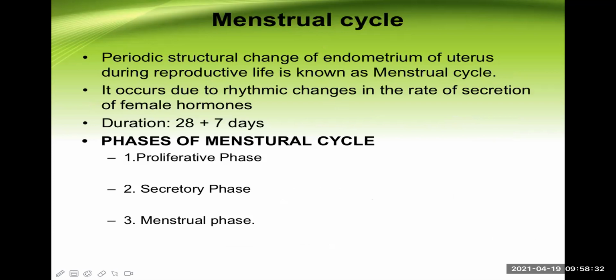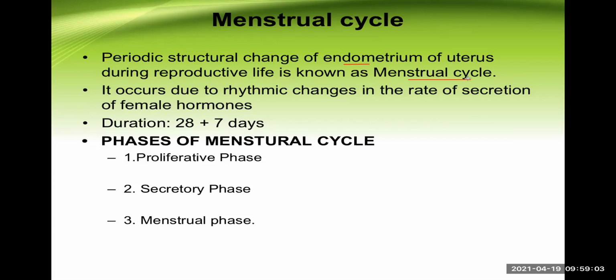Now, after knowing all these basic things, in today's class we are mainly focused on the physiological aspect. But let's talk about the menstrual cycle after knowing the action of estrogen and progesterone. See here. The periodic structural change of the endometrium of the uterus during reproductive life is known as the menstrual cycle. So what is happening?